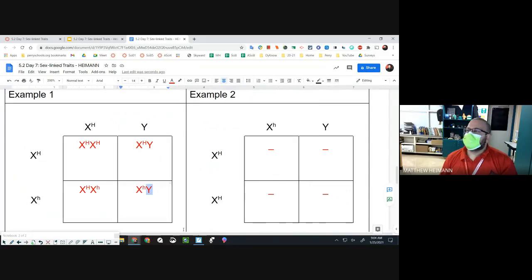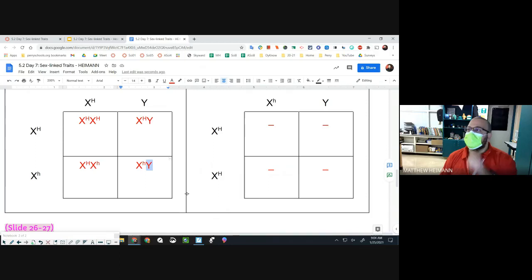No, the lowercase is hemophilia. Yeah, because it's recessive. So if there's a dominant, a capital H, then the person won't have it.